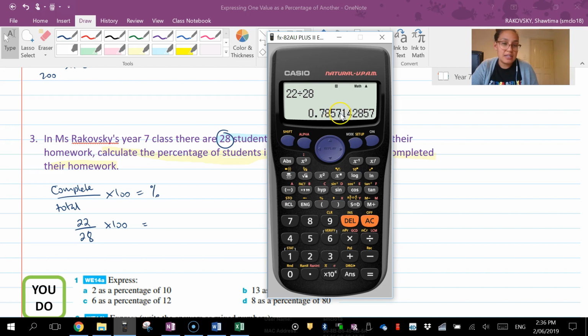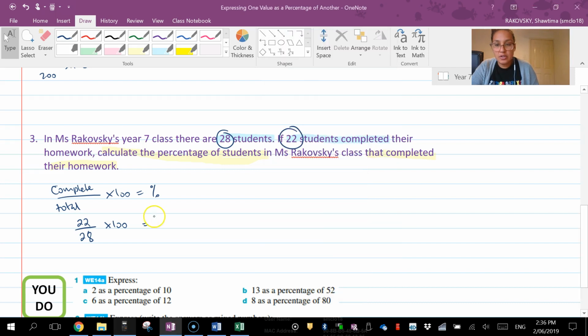Now I'm going to look at this number here, because I'm going to round and check, round to 1 decimal place. So that's a 7, so this is going to become 78.6. So 78.6% of my students are completing their homework in this scenario. I would expect 100%.